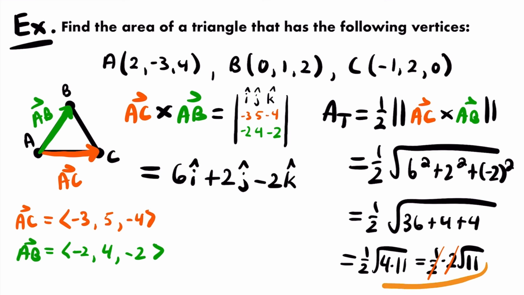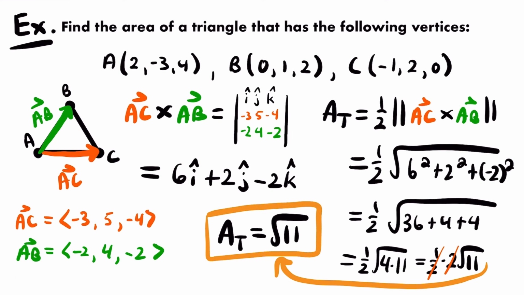So what we find here is that the area of our triangle is just equal to the square root of 11. That is the area of this triangle. And if you want to know the approximate value of that, the square root of 11 is approximately equal to 3.32 and some more decimals. Okay, and so that's the area of this triangle.